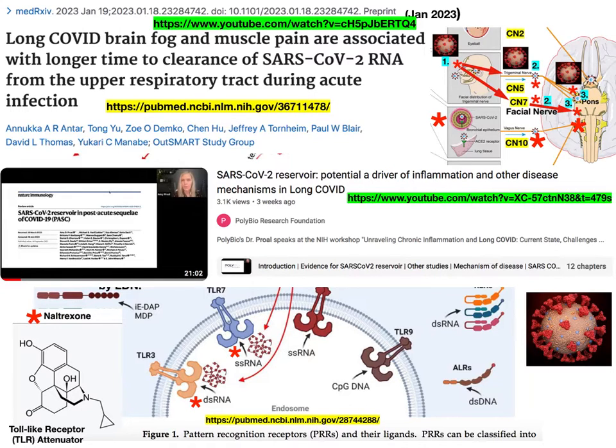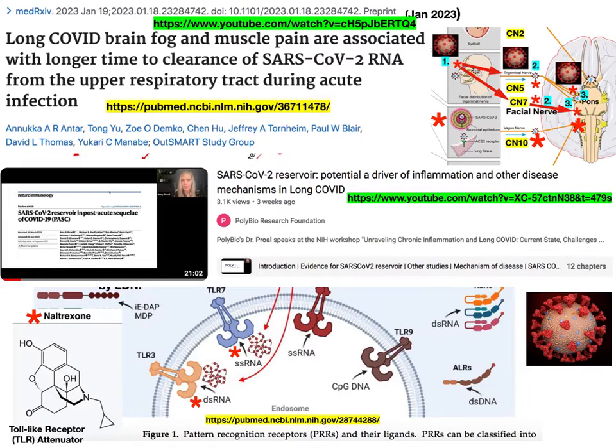These are among the receptors that are activated by PAMPs. One way to attenuate the activity of these toll-like receptors is through a pan-specific toll-like receptor attenuator, naltrexone, given in doses of about 1 to 6 milligrams per day. At that dose, it is commonly referred to as "low-dose naltrexone."